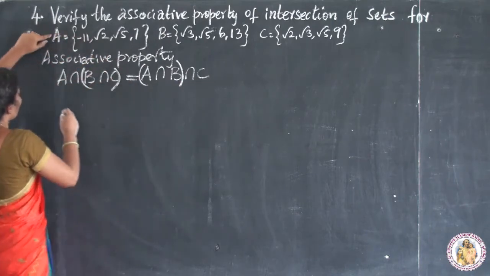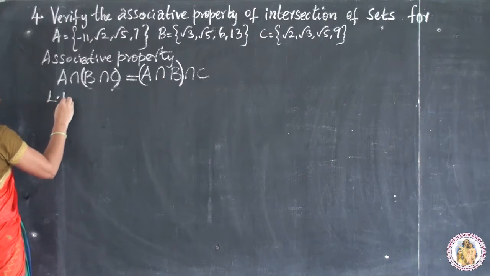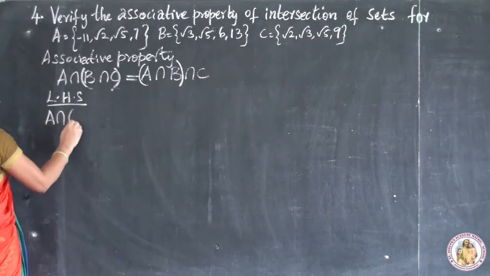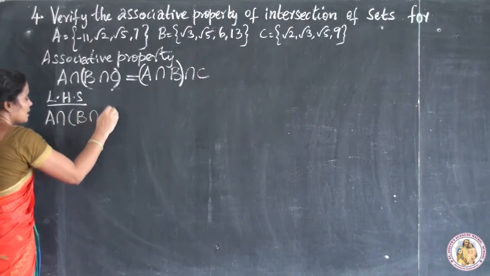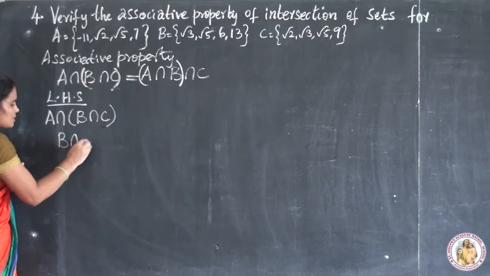Now first of all we will go with LHS, A intersection (B intersection C). Again go with the bracket first, that is B intersection C.